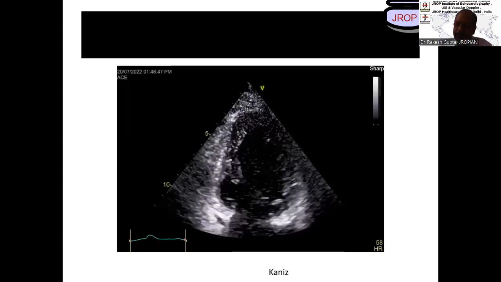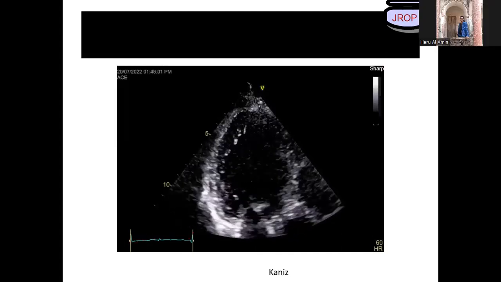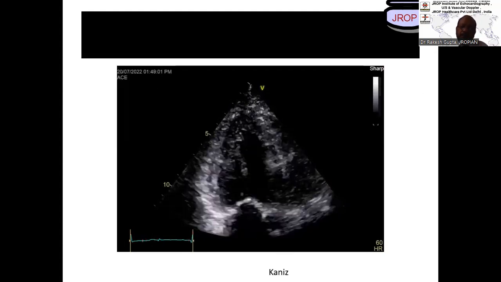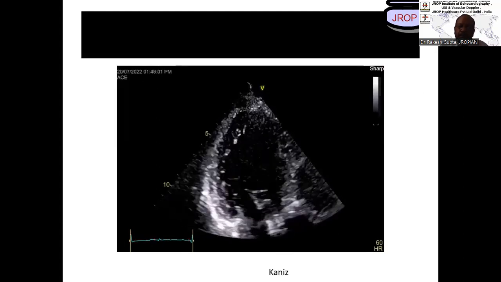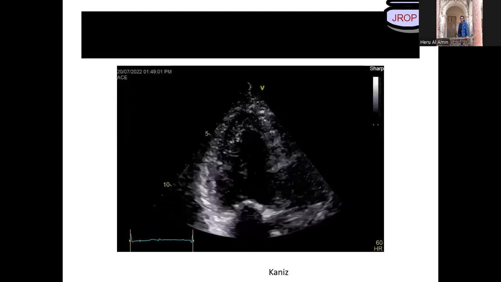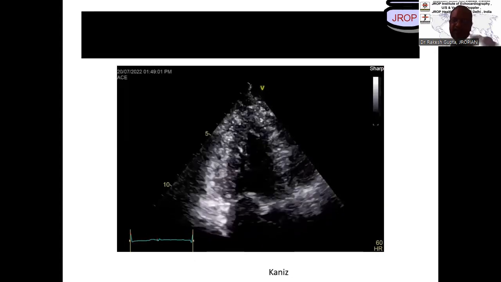One more view I'll show you. Look at this view. Any abnormality? No, sir, except for the apical septum and basal inferior wall.